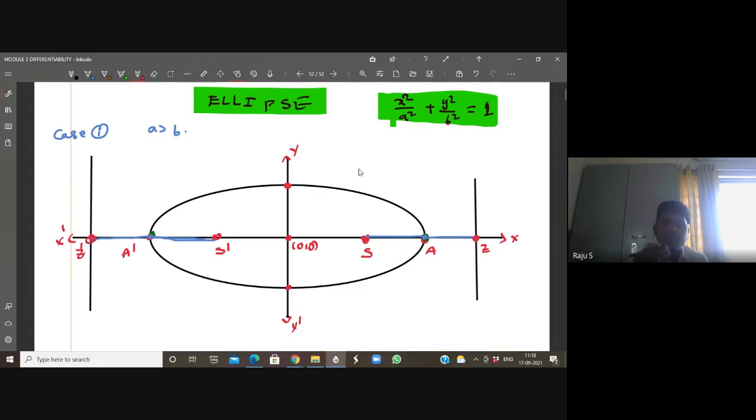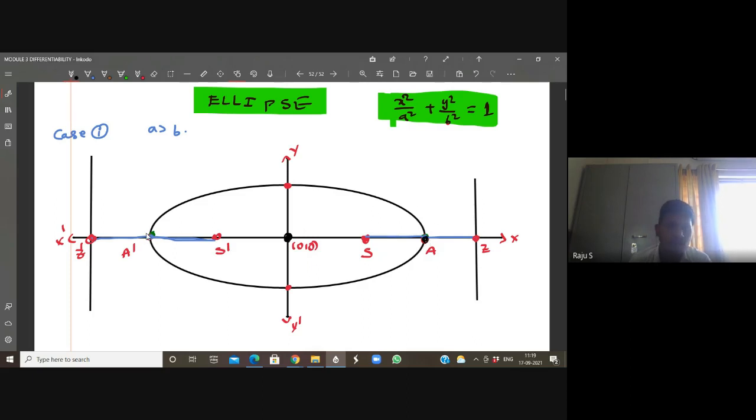So everything we can consider twice: two foci, two vertices, two directrices. But in parabola we don't have any center. We don't discuss the center in parabola, whereas in ellipse we will discuss the center. In circle we also discuss the center. So here the center is 0, 0.